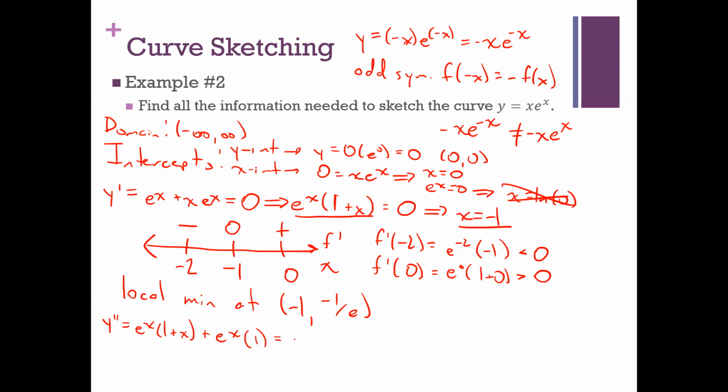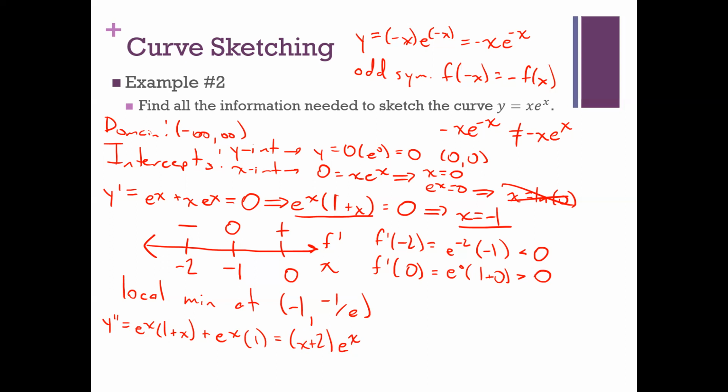Putting that together, I get e to the x plus e to the x plus x e to the x, so x e to the x plus 2 e to the x. Actually, let's do it better: x plus 2 times e to the x. So that's my second derivative.